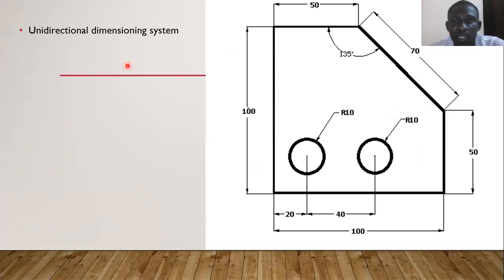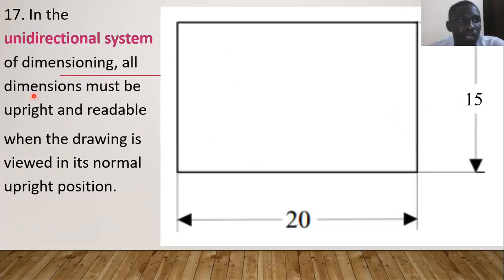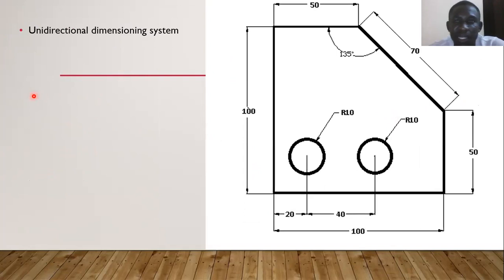So there was a unidirectional example, and then there's another example of the unidirectional. You see the direction of this line is now inclined, but you notice that all our dimensions are horizontal. The radius is wrong, the diameter should have been indicated.